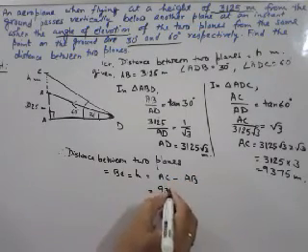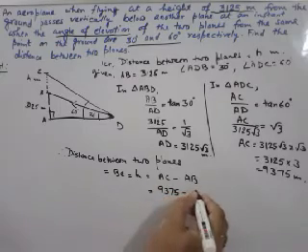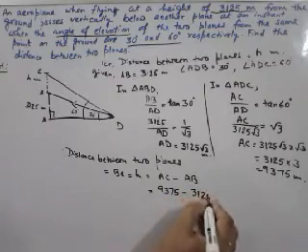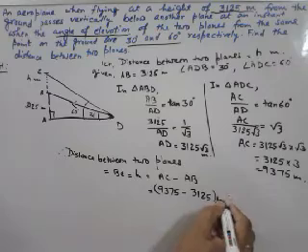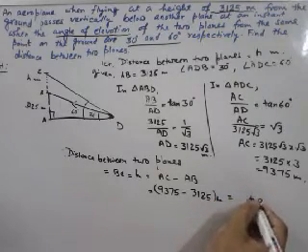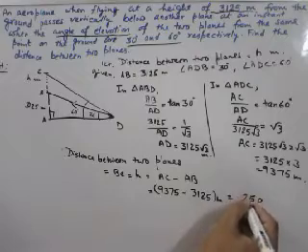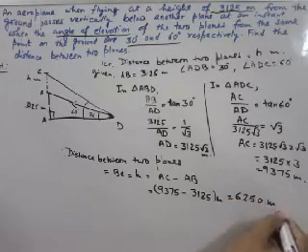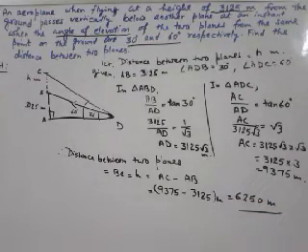AC is 9375, AB is 3125 meter. So result is 6250 meter. So the distance between the two planes is 6250 meter.